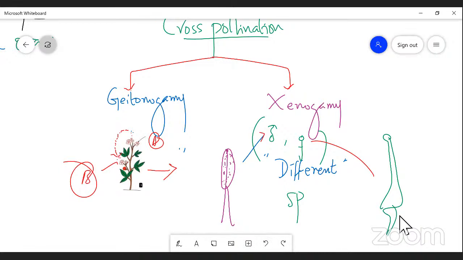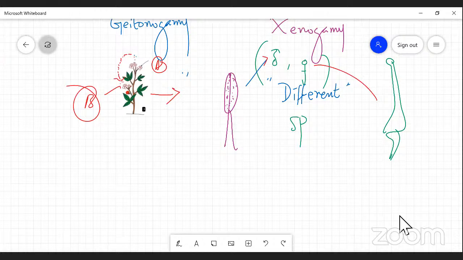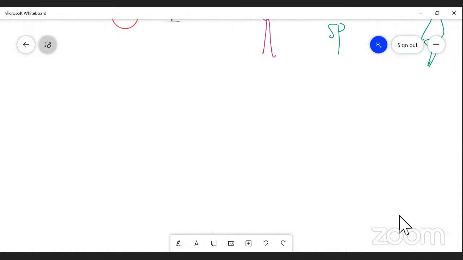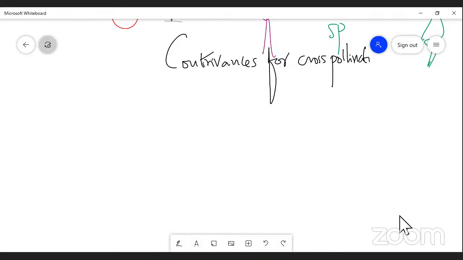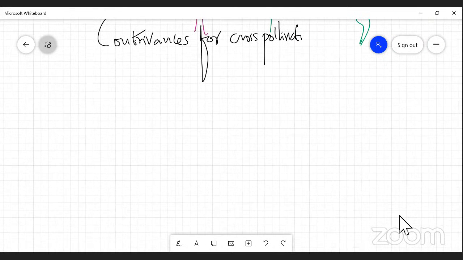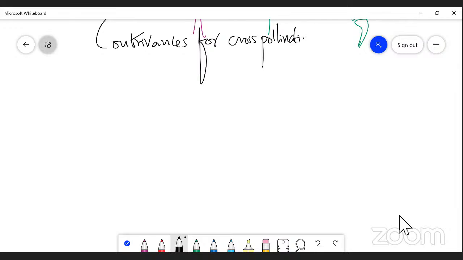And next, we look at the contrivances for cross pollination. What are the contrivances for cross pollination?